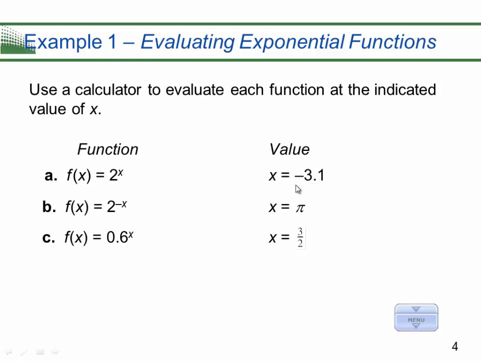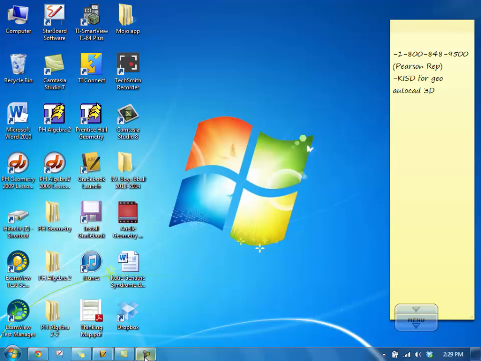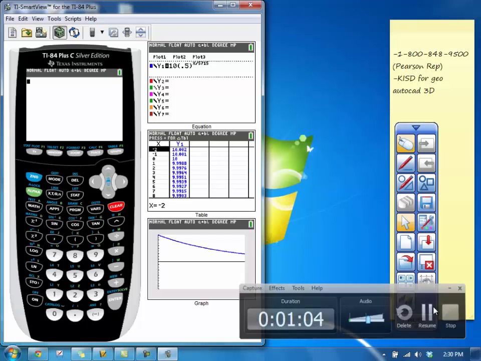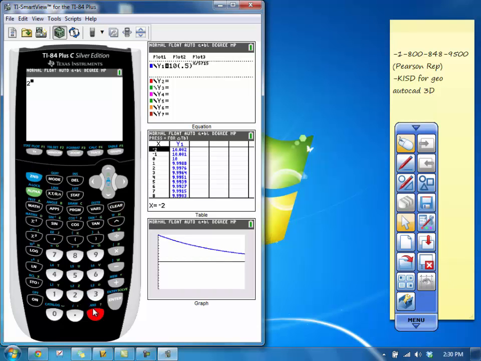So we're going to plug in negative 3.1 in for x, and we'll actually get a number. So for the first three, you can use your calculator. Just go ahead and plug it in. It would be 2 to the negative 3.1, which gives you about 0.116.